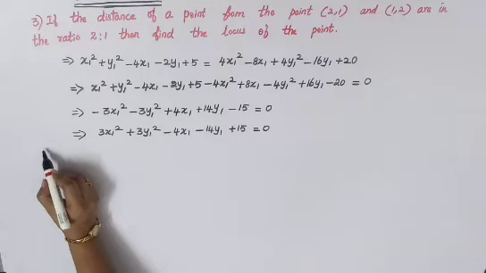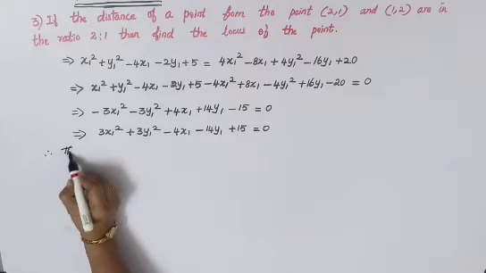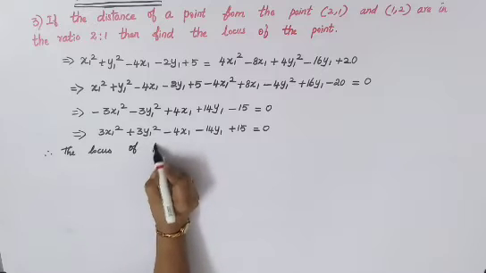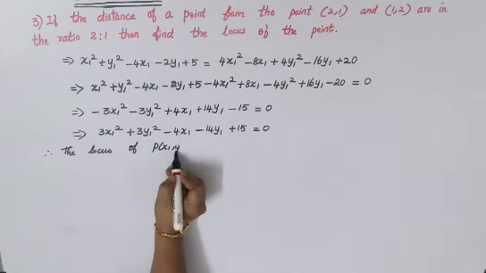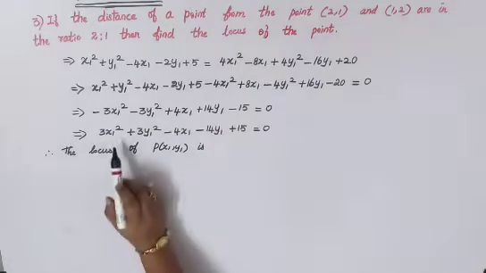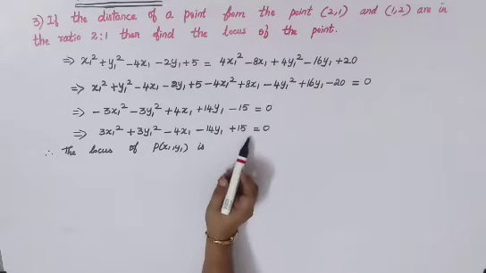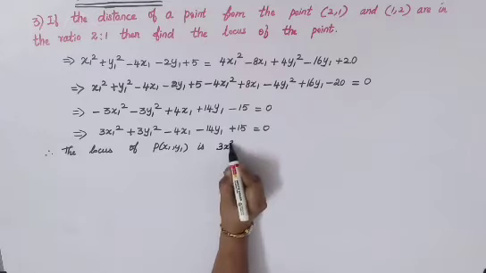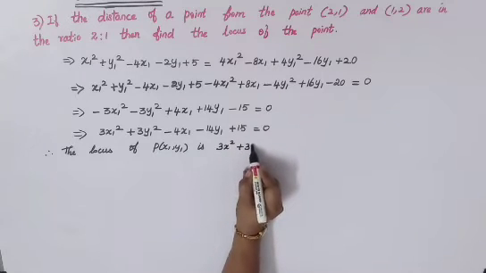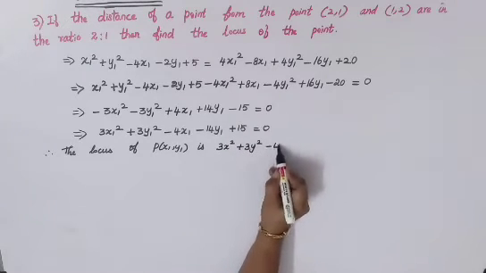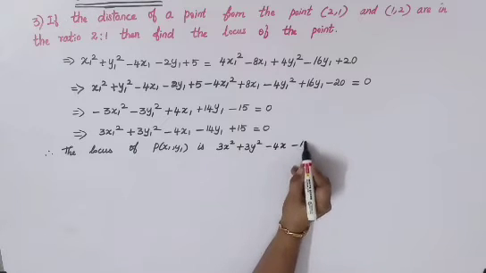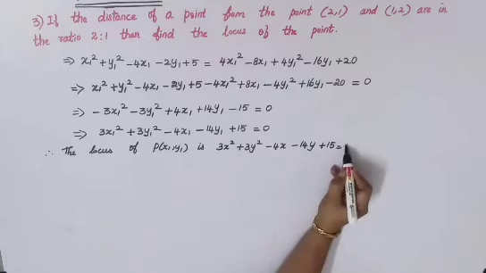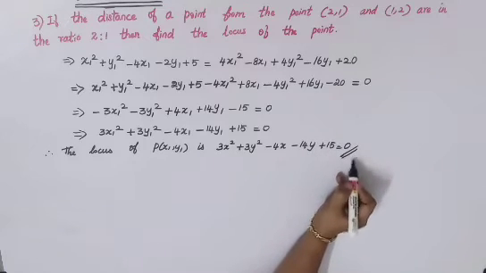Therefore the locus of a point P of x1, y1 is, remove this x1, y1 from here and write it as x and y. So you'll get 3x square plus 3y square minus 4x minus 14y plus 15, which is equal to 0. So this is the answer for your third question.